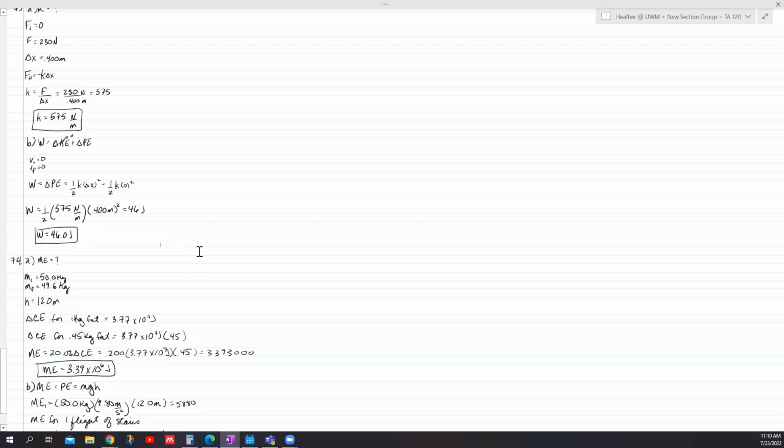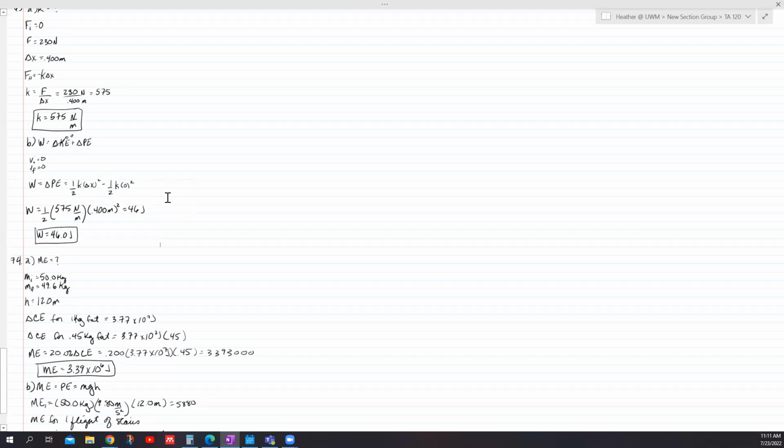B, how much work does the archer do in pulling the bow back? Well, we know that work equals F delta X. We know that work equals change in energy. So Vi equals 0, Vf equals 0. We can say that work equals the change in potential energy.